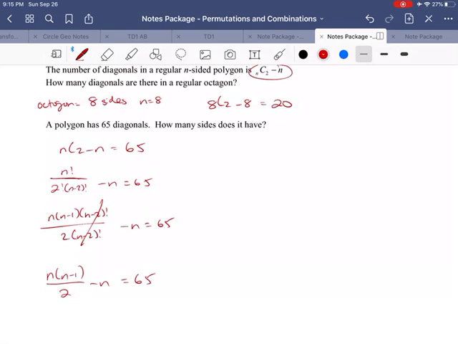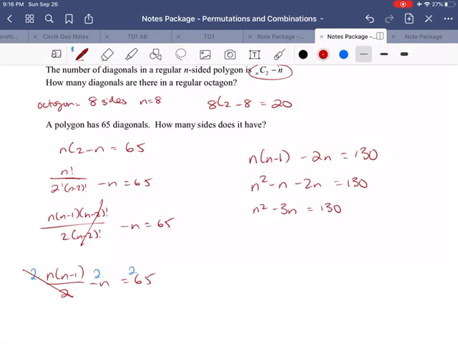That simplifies again, and we're left with n, n minus 1 over 2 minus n equals 65. And let's do some rearranging here. If we multiply everything by 2, that part simplifies, so we're left with n, n minus 1, minus 2n is equal to 130. And let's expand, so n squared minus n minus 2n is equal to 130. Combine some like terms here.